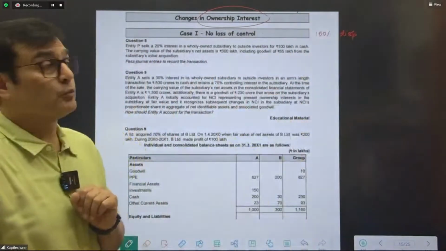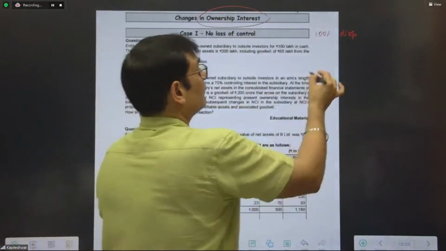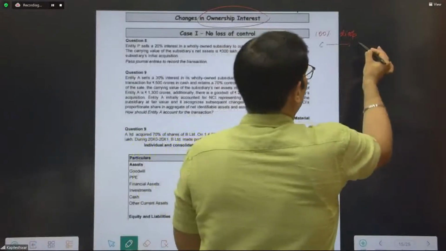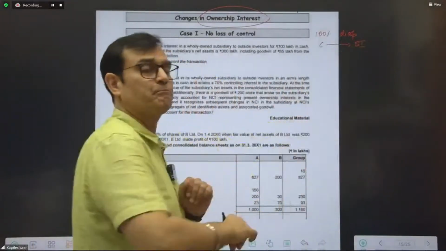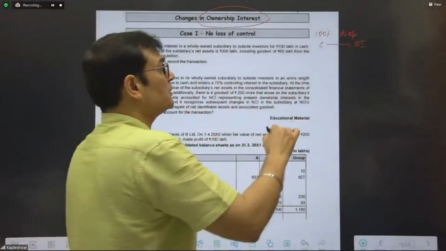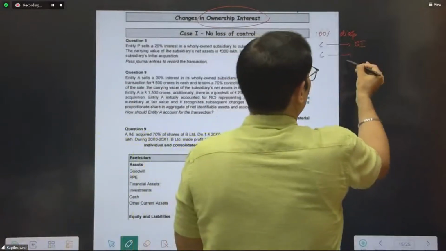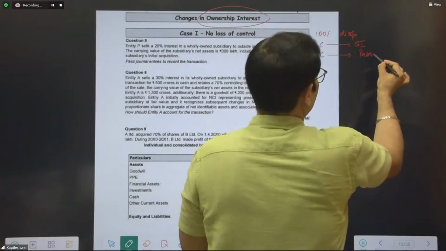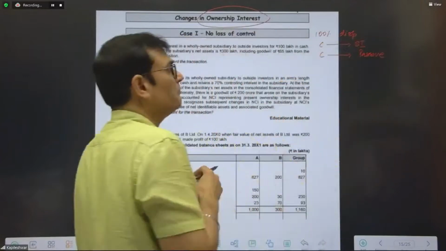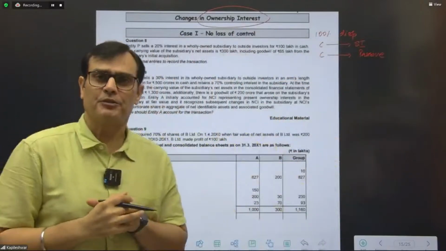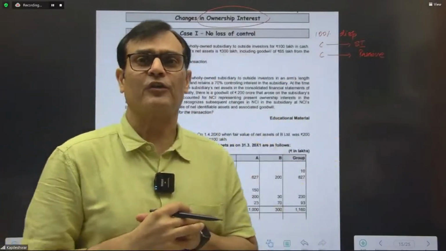It could also mean that from a control you convert to a significant influence. It could also be a situation that from a control you simply become a passive investor. So there are three possibilities which could arise where the control is lost.